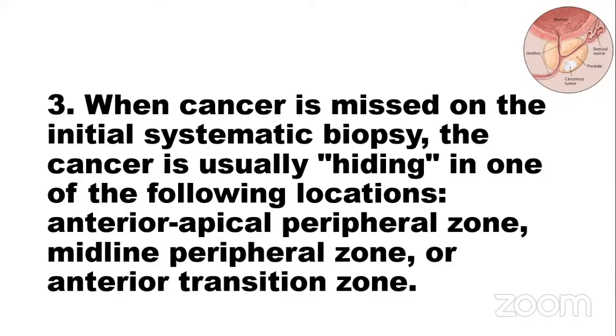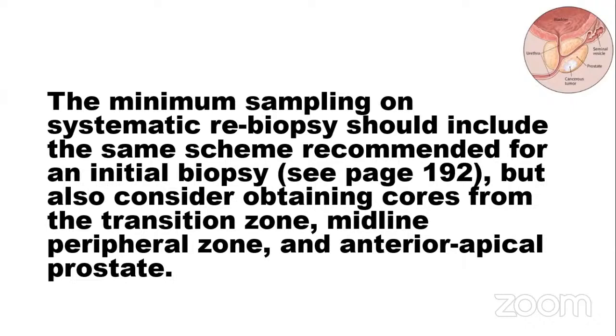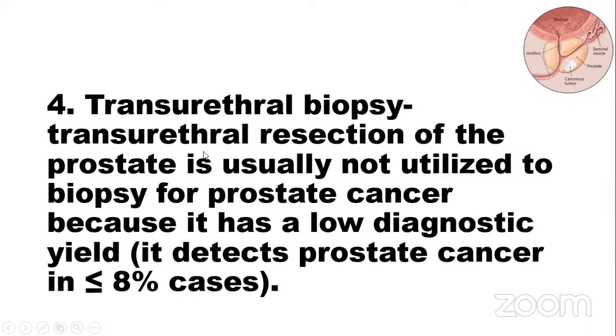The minimum sampling on the systematic re-biopsy should include the same scheme recommended for initial biopsy, but also consider obtaining cores for the transition zone, midline peripheral zone, and anterior apical prostate.